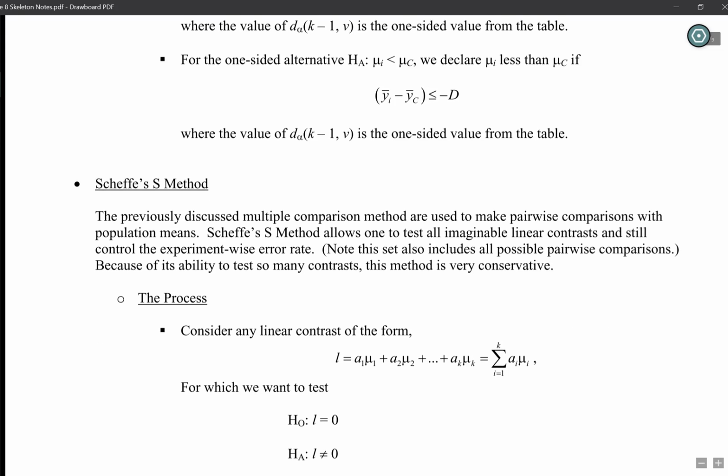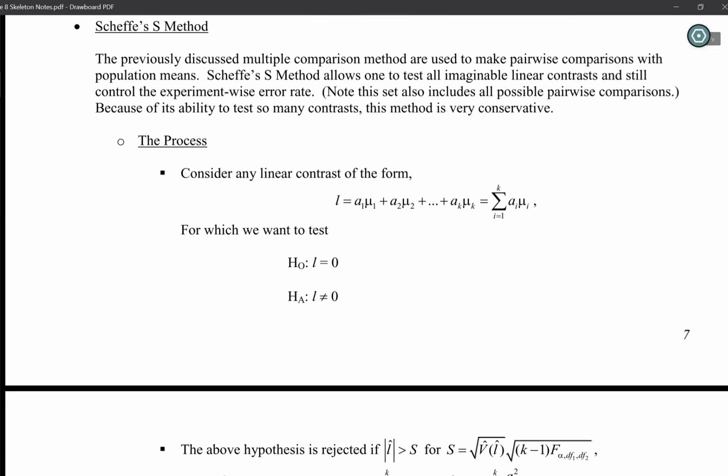Okay, Scheffé's S method. This is another multiple comparison procedure, but it's a little bit different. It allows one to test all imaginable linear contrasts. The previous methods, Dunnett, Tukey's, and Fisher's LSD, allow you to compare pairwise means. Well, we know that linear contrasts can be more general than pairwise means.